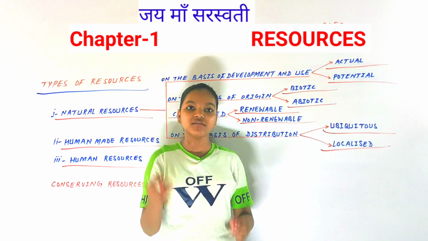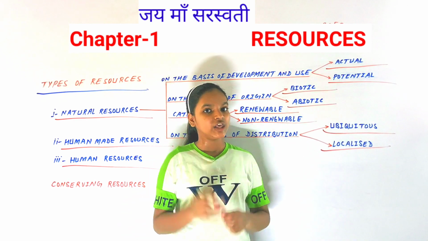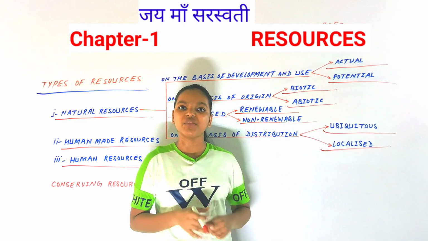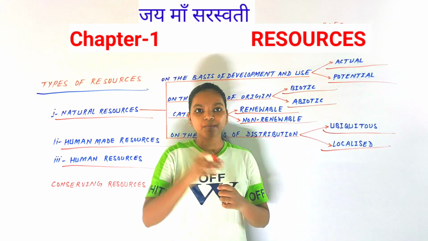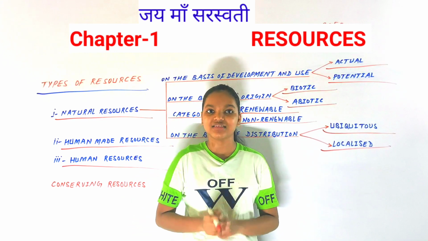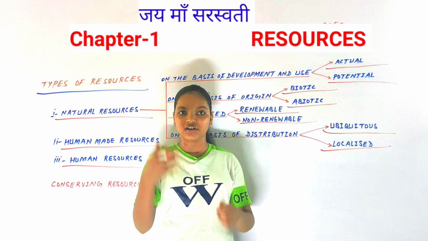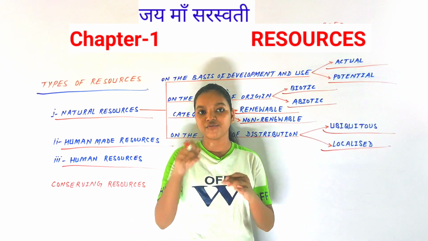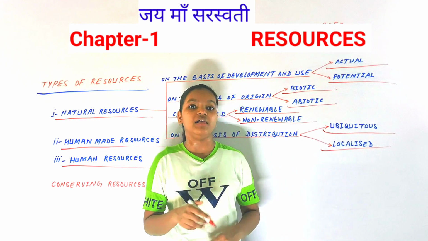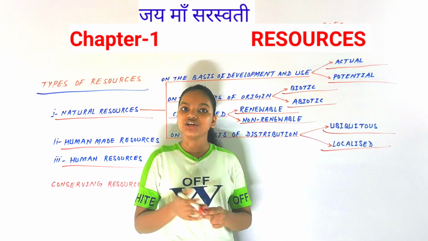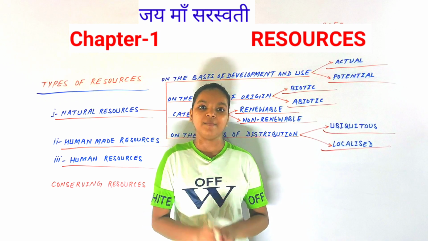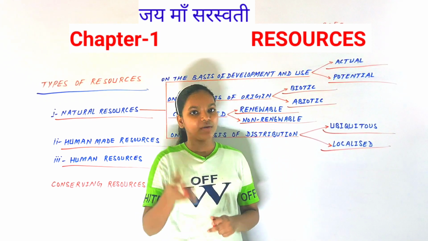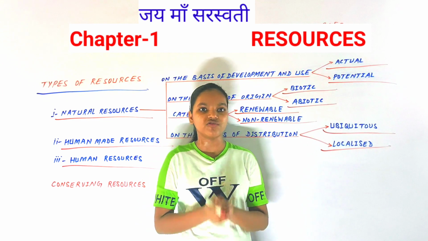All people, all human beings, are human resources, and human resource development is the development of people's skill, knowledge, education, and technology. So there are three types of resources: natural resources, human-made resources, and human resources.